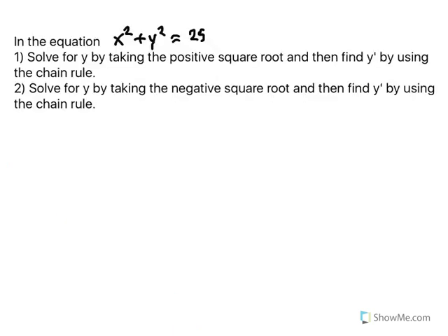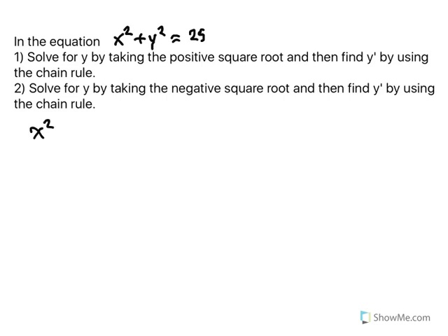In the equation x squared plus y squared is equal to 25, which is an implicit relation because we do not have y isolated, we want to solve for y. In other words, we want to rewrite the implicit relation as two explicit relations. In the first case, solving for y by taking the positive square root and then finding y prime using the chain rule. And in the second case, solving for y by taking the negative square root and then finding y prime by using the chain rule. So we'll go ahead and do that now.